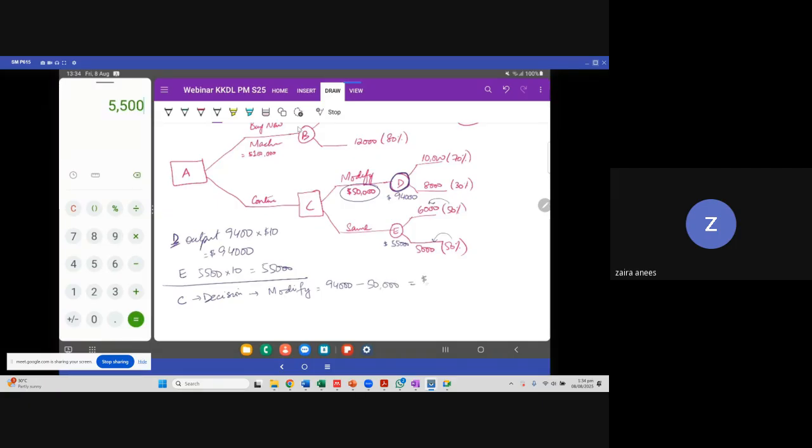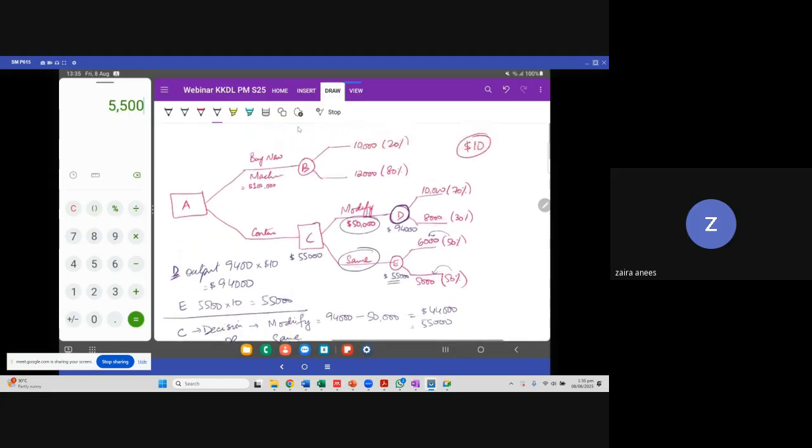You will have a benefit of 44,000. Or if you continue with same situation, you're not going to do anything, you will have a benefit of 55,000. So clearly you should continue with same.